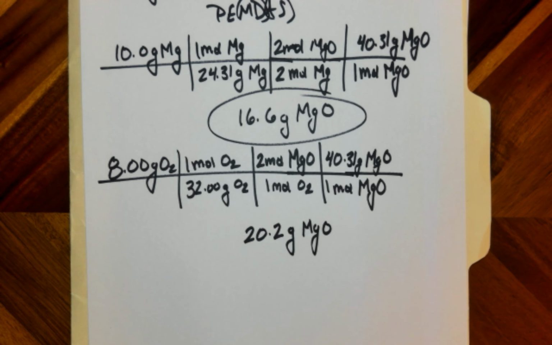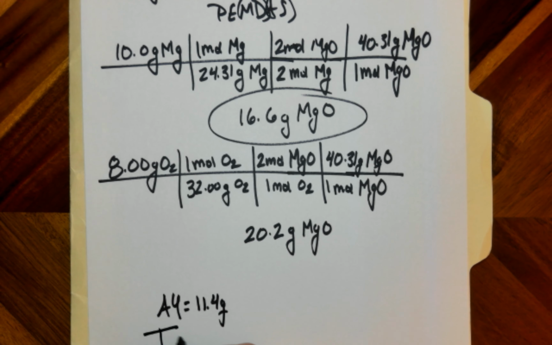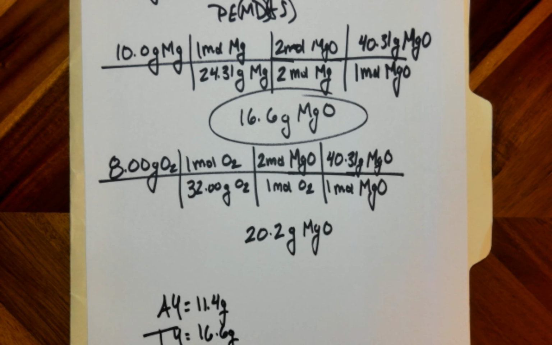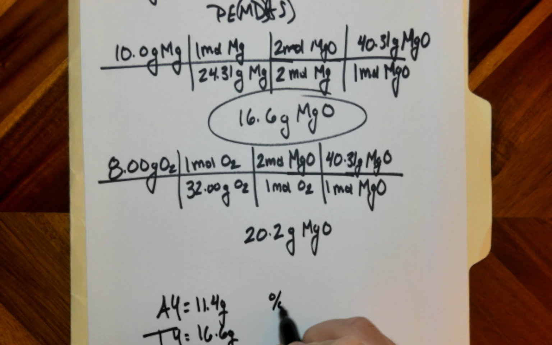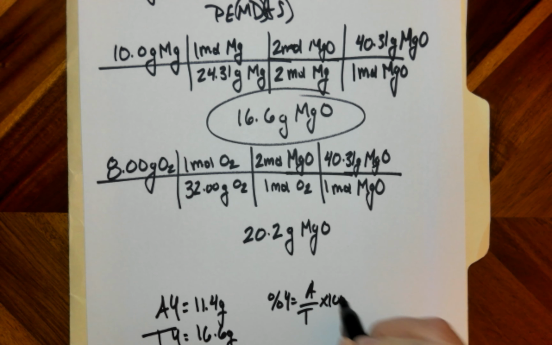Now, the problem says that what I actually collected, my actual yield, is 11.4 grams, whereas my theoretical yield is calculated at 16.6 grams. And we know that percent yield is equal to the actual over the theoretical times 100.